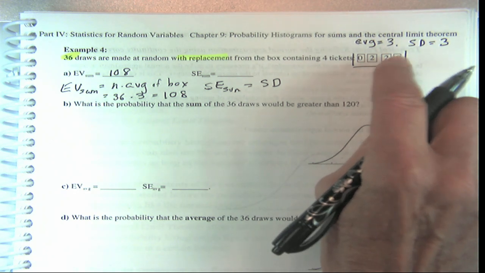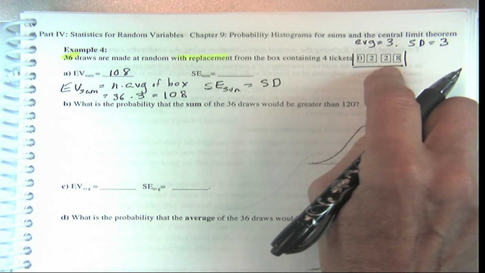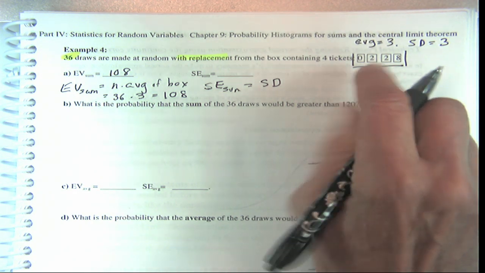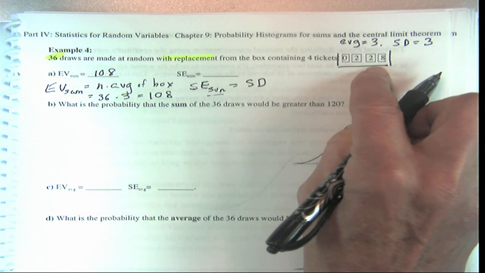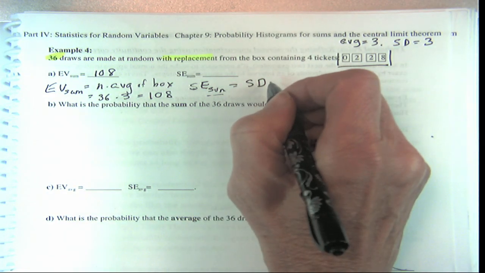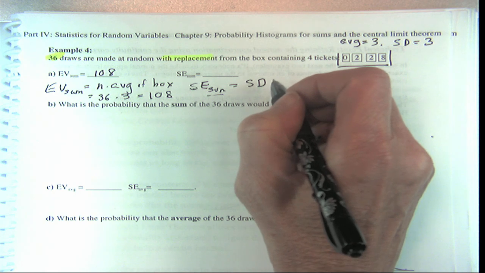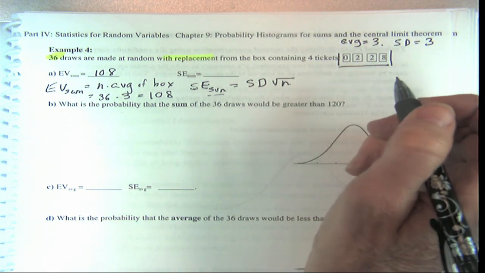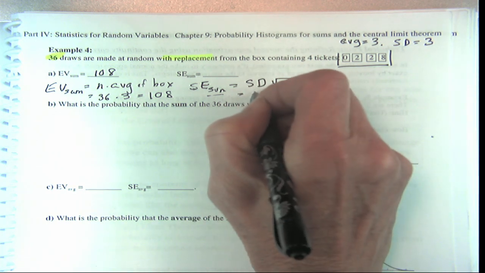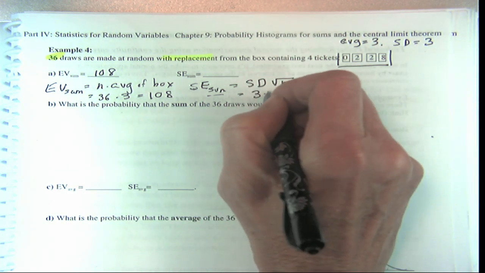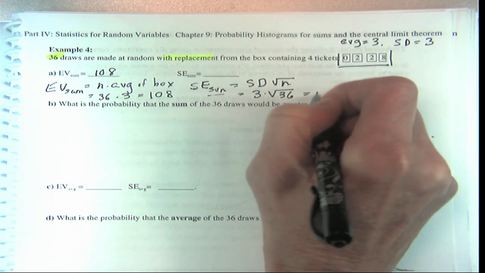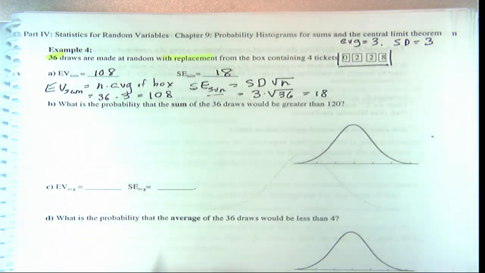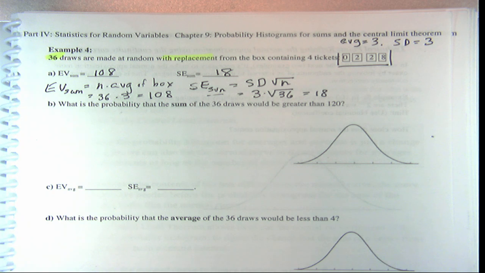But it depends on how many draws you take. For the sum, we're summing up our errors, so it's either times the square root of n or divided by the square root of n. For sums, it's times the square root of n. So it's just going to be 3, the standard deviation, times the square root of 36. That's 18. So that's pretty simple.